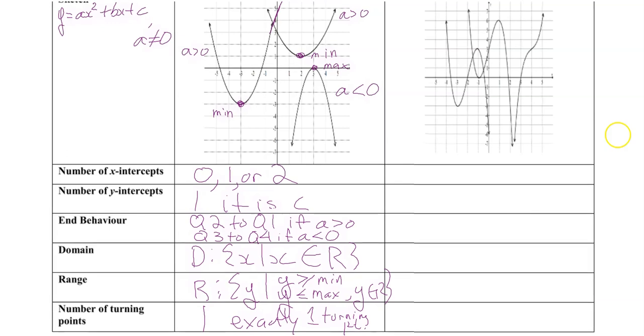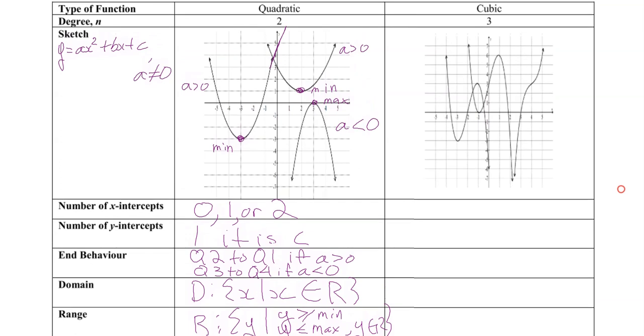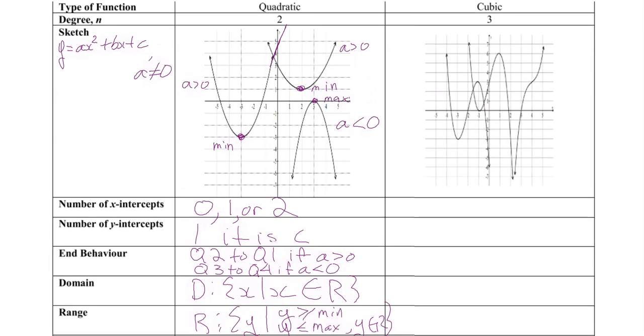And now for something new. The cubic. Okay, so first new thing. The equation of the cubic will look like ax cubed plus bx squared plus cx plus d, where a cannot be 0.